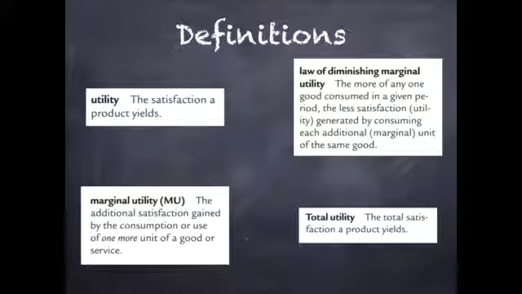And one of the things that you can think of is that total utility is the sum of the individual marginal utilities. So, for example, the total utility of 5 pizzas is equal to the marginal utility of each individual slice of pizza, slice 1, 2, 3, 4, and 5. If you add those marginal utilities together for each of those slices of pizza, you get the total utility from all 5 slices of pizza.